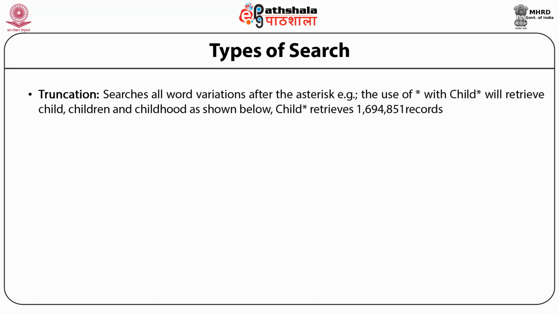In the example below, child asterisk retrieves 1694851 records. Then children retrieves 1649662 records. Childhood retrieves 150545 records.